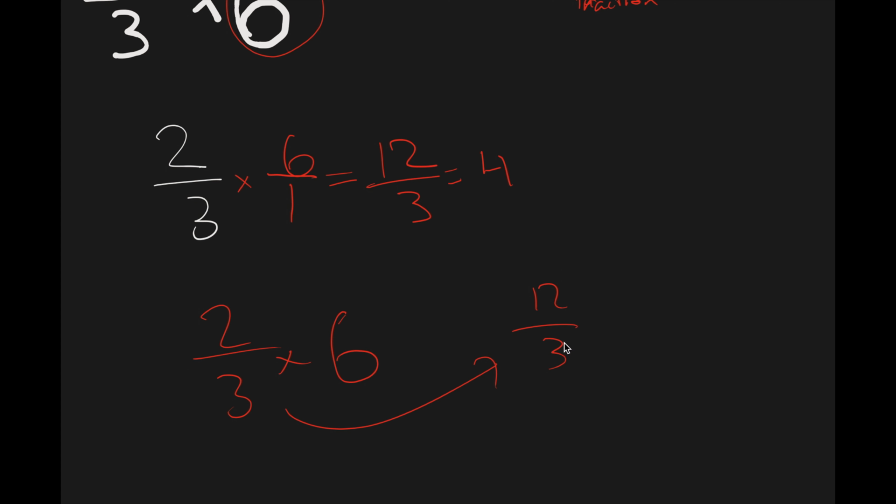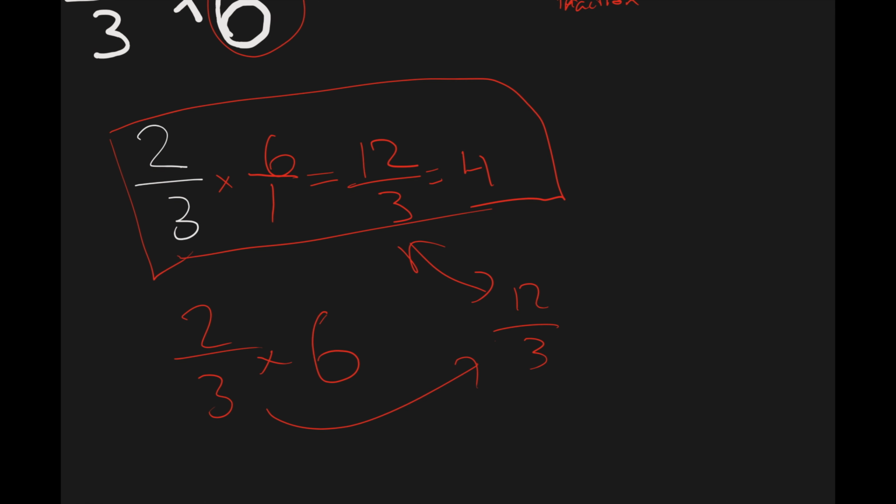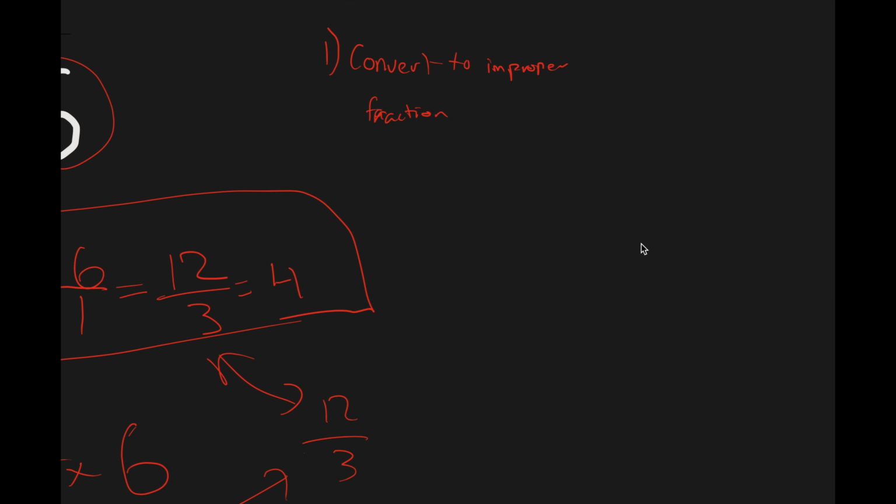The reason that works, you get the same answer. The reason I think that's not the best way to do it is because eventually, when you get into more advanced levels, this way will help you, trust me. So, for the purposes of today's lesson, we're going to be using this way. Let's do another example.